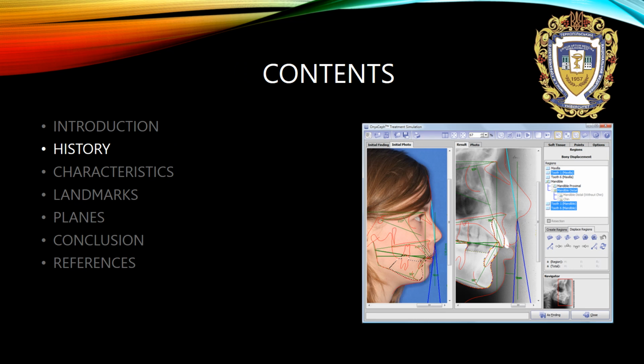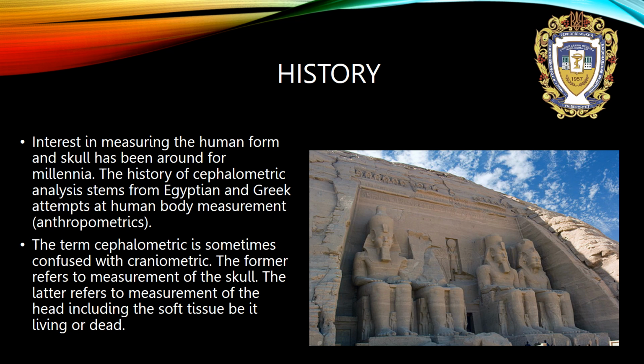History. Interest in measuring the human form and skull has been around for millennia. The history of cephalometric analysis stems from Egyptian and Greek attempts at human body measurement, anthropometrics. The term cephalometric is sometimes confused with craniometric.